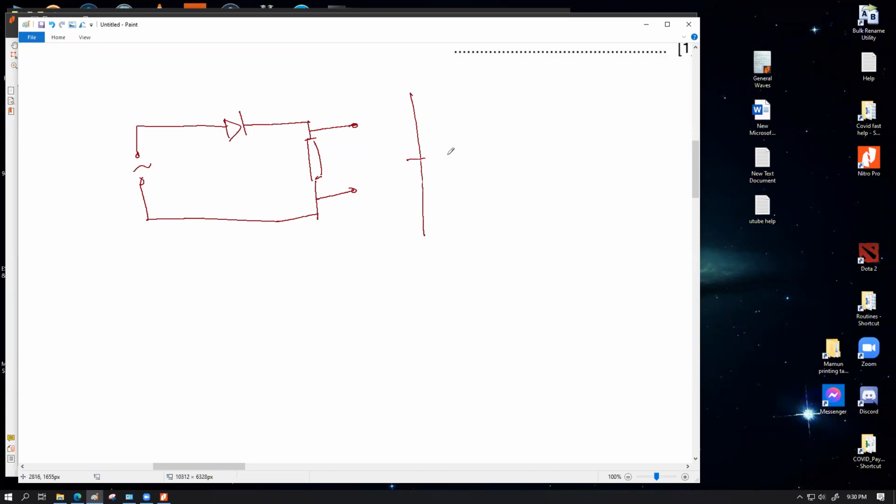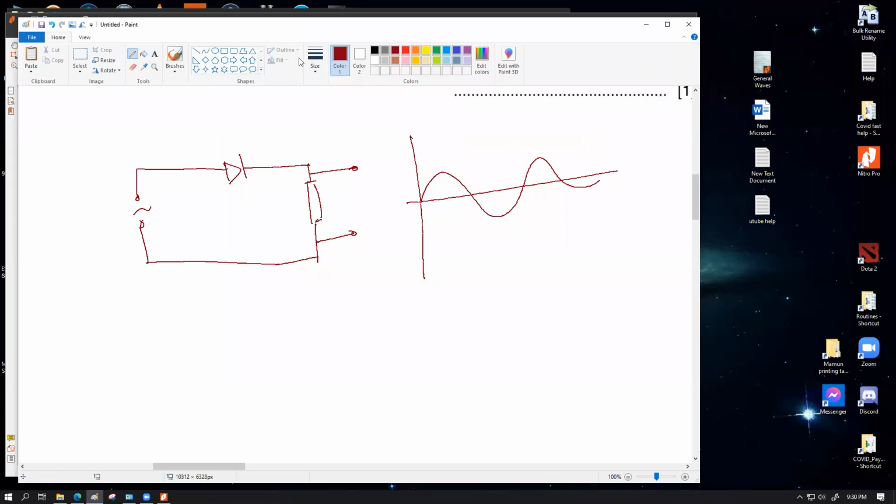The thing was, if the input was an AC supply like that, the output would be half the cycle. So if in any case you have to draw on the provided graph, you draw it like that. This is our single diode output.